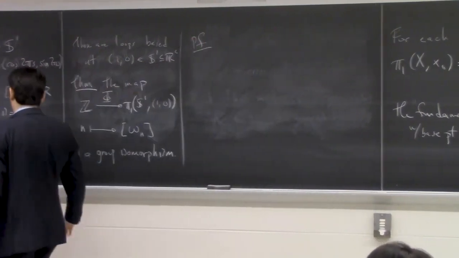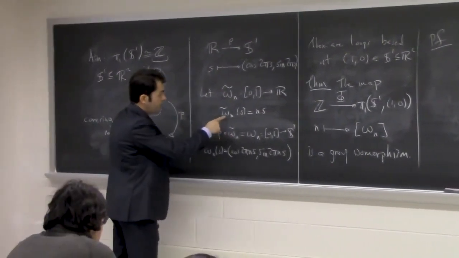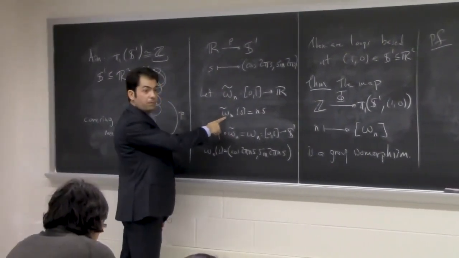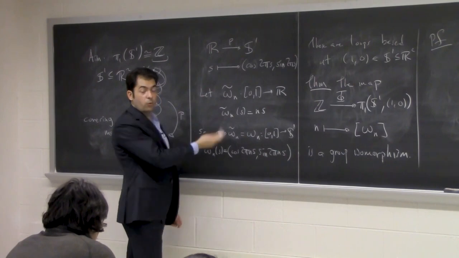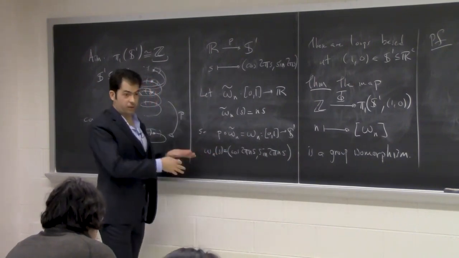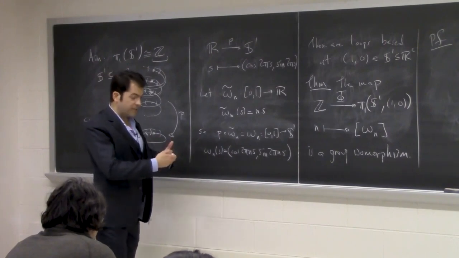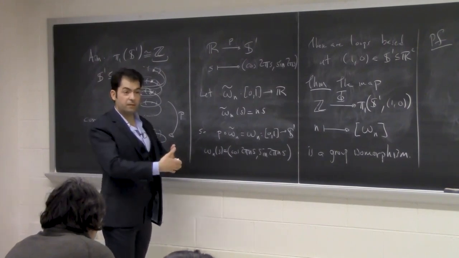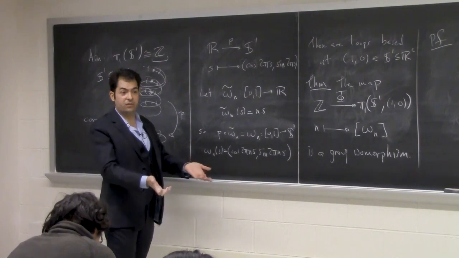So the first thing we're going to note is that the only important property that these paths have is where they begin and where they end. Right? So remember that R is convex, and so any two paths are path homotopic as long as they begin and end at the same points.